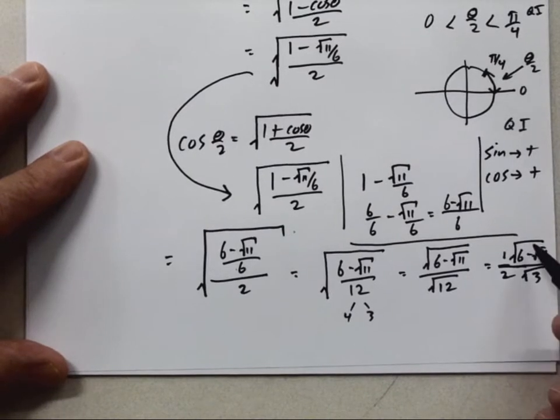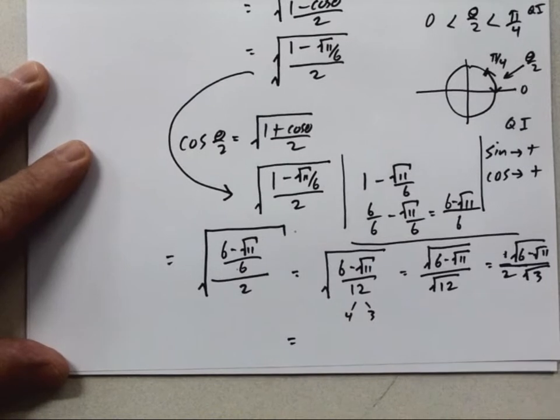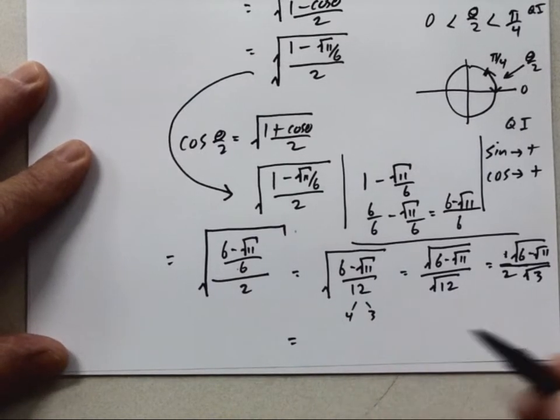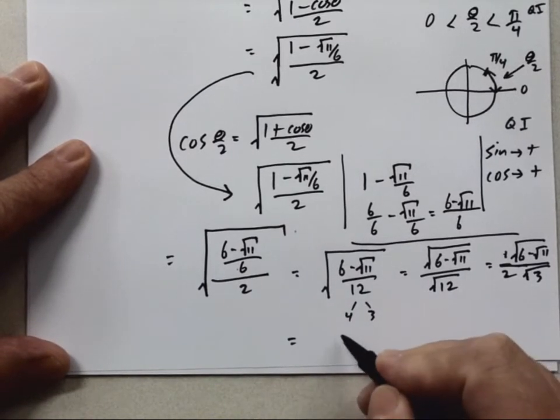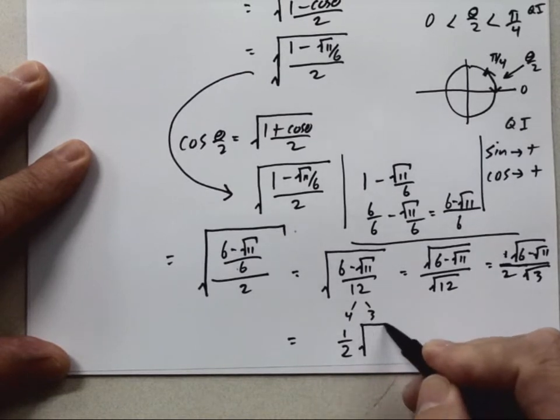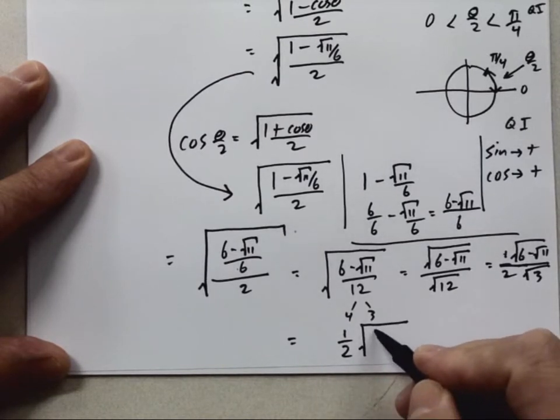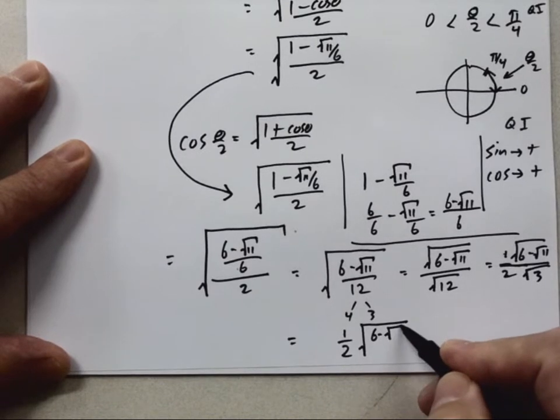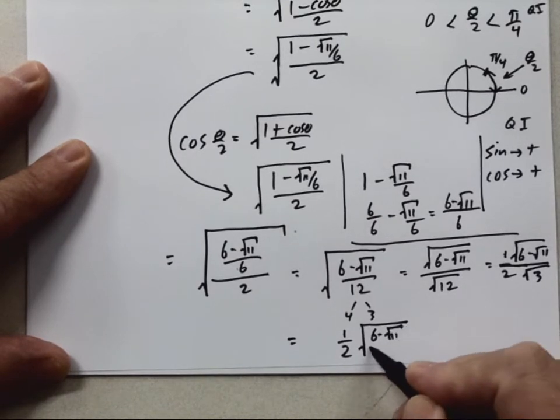Now, the last step is, I basically have 1 over 2, then I have a square root over a square root, I can now recombine these as the final step and write my answer as 1/2 square root of 6 minus square root of 11.